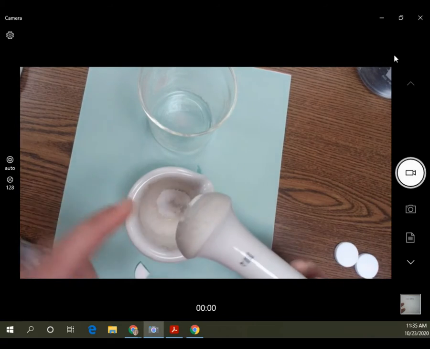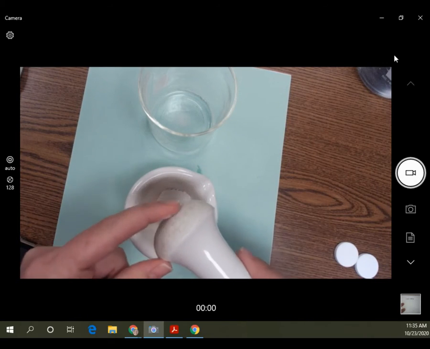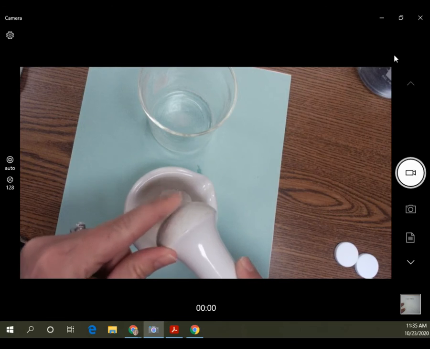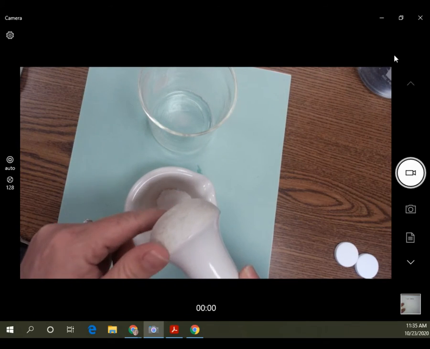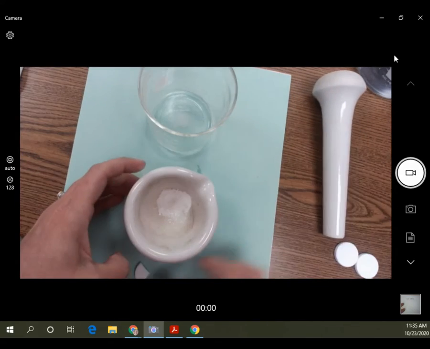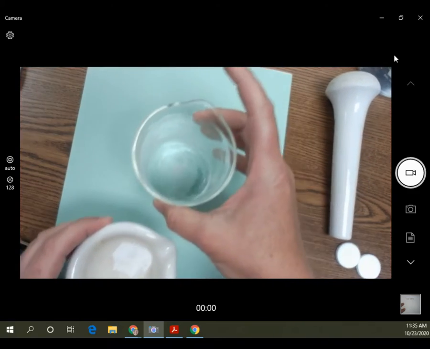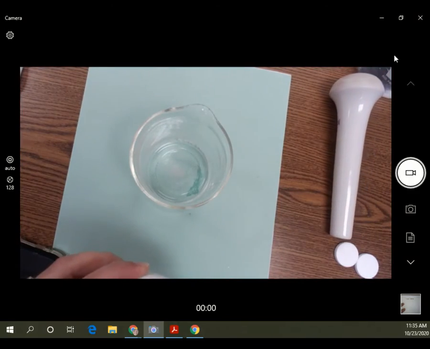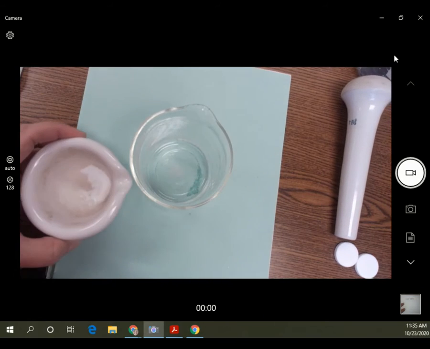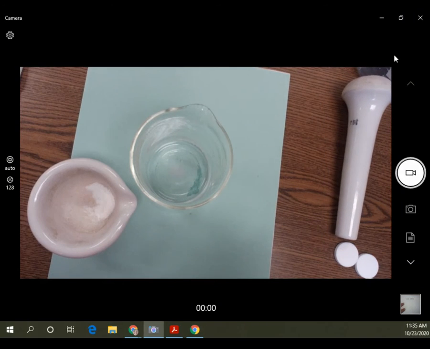Oh, that was an interesting sound. I try to make sure to have the same amount of Alka-Seltzer in there every time. All right, so now we have the crushed Alka-Seltzer antacid tablet. Okay, we're going to get our timer, and we're going to make sure that we are reset.